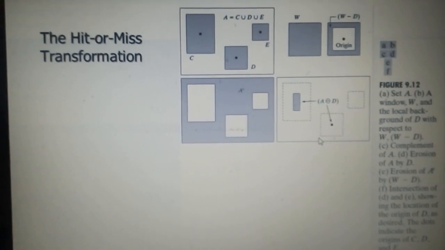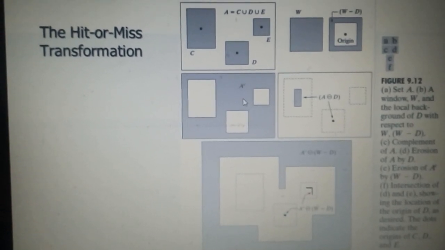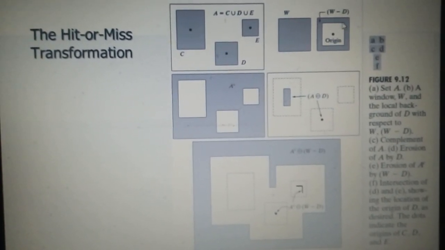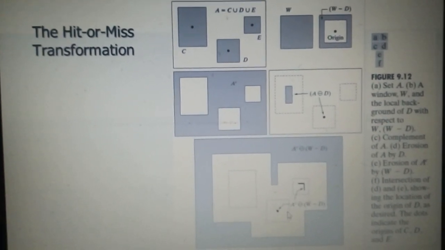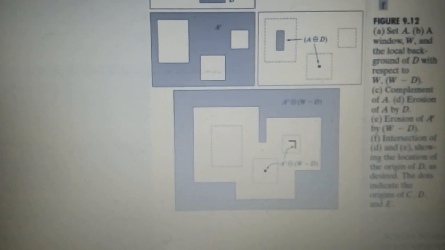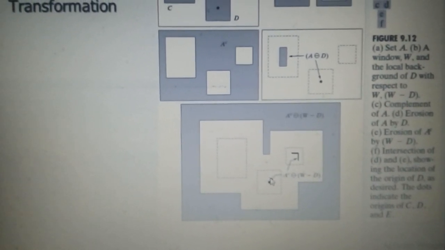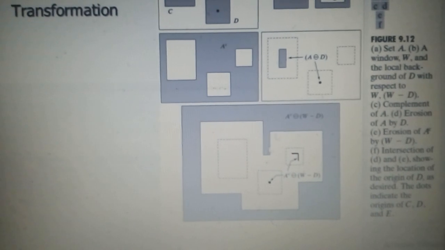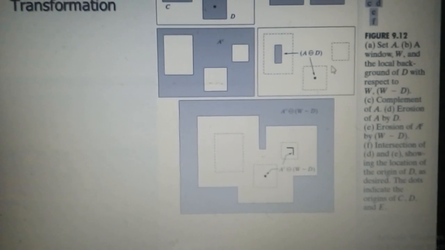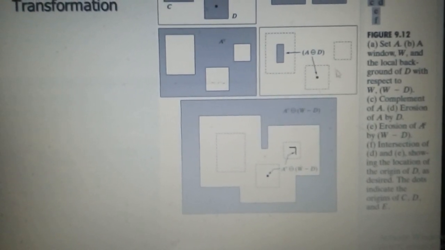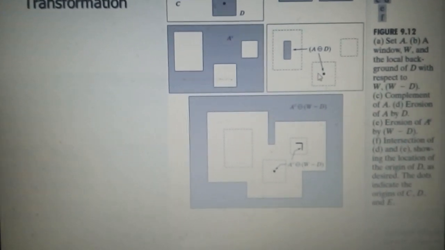Next we are going to find the erosion of the A complement and this local background of D. So we get the result as shown here, where again we can see the origin, and when we take the intersection, or what is common between the last two steps, it would give us where exactly the origin of D is, and we can identify or locate or find a match for the set D. So that is the last step.